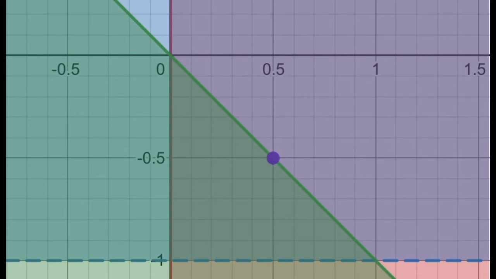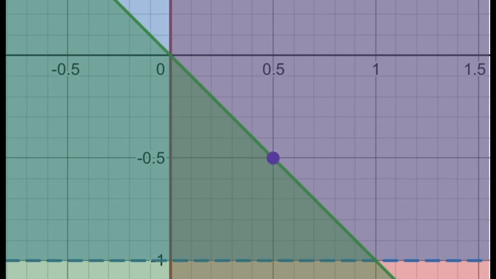That point satisfies the shaded region. Or maybe I can use 0, 0. 0, 0 is accepted because it's at the borderline.